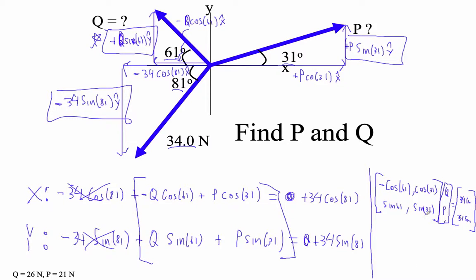And so I'm going to type these into my matrix here, okay? So I go second alpha F3, and I want a 2 by 2. Enter. Okay, the opposite of cos 61. All right, then right arrow, cos 31.